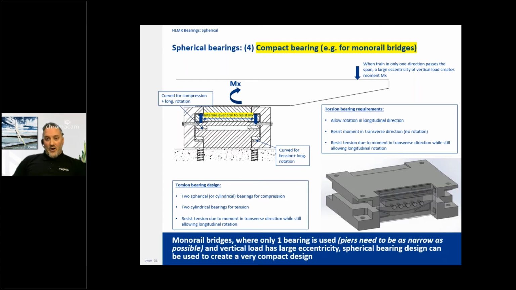It's not unlike the rocker bearing, but both surfaces are in contact. And this particular application is to be able to also transfer moments about the vertical axis. That's very unusual for most bearing applications, but this is a demonstration of how some of the cylindrical design concepts can transfer this moment.